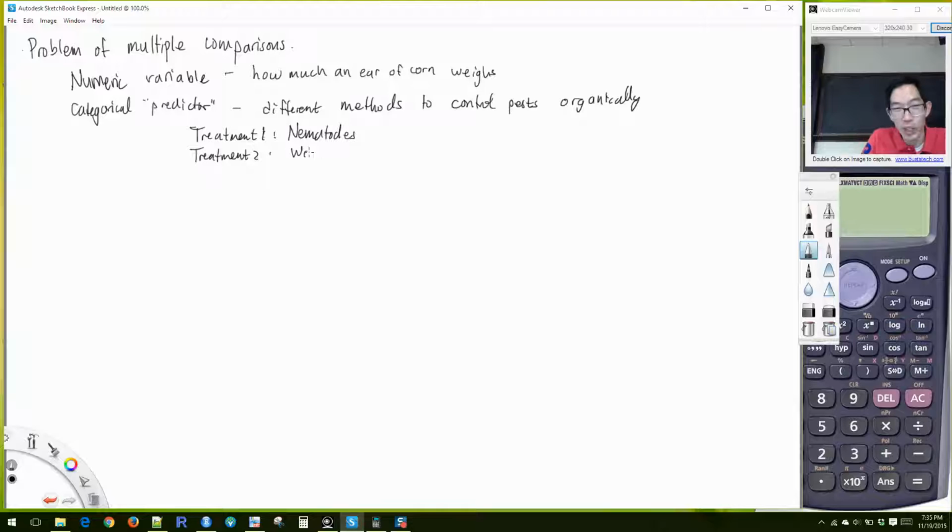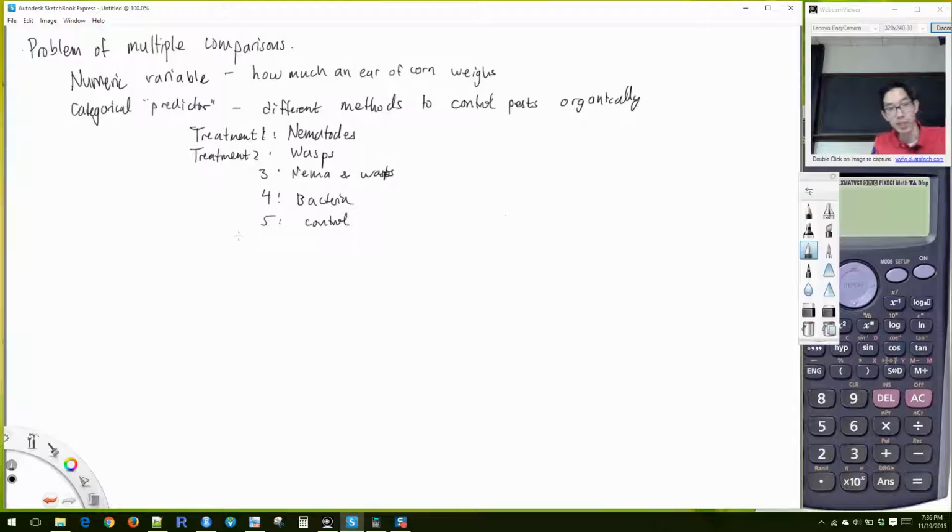We could use wasps, which apparently don't like corn but like the pests. So we have 5 treatments: bacteria, nematodes, and wasps, and then a control group where we didn't use any organic pesticides, I guess. And then we measure how much the corn weighs, and we want to know is there a difference.